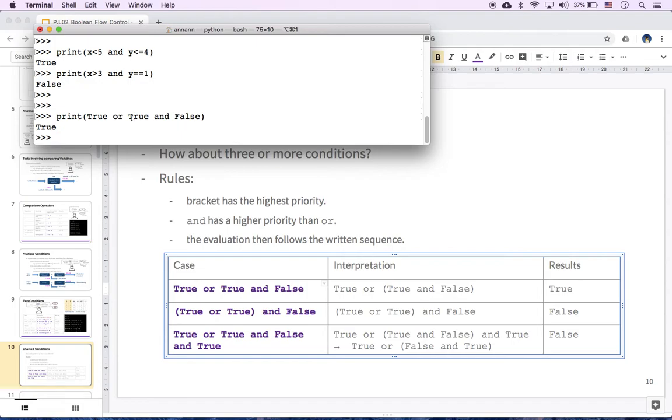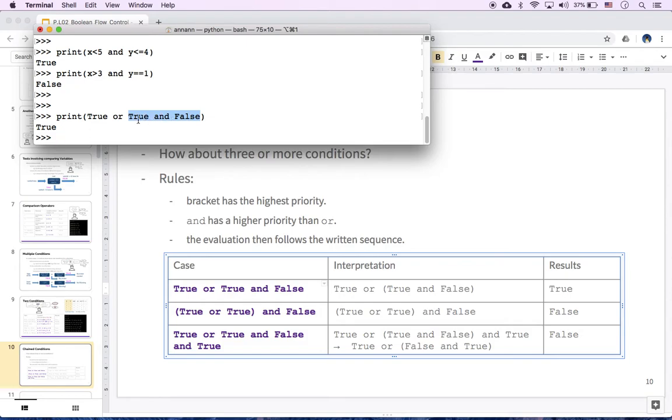That's because and has a higher priority than or. So it's like multiplication and addition in your math course. And has a higher priority, so your computer will process this first, true and false. What is the result of true and false?